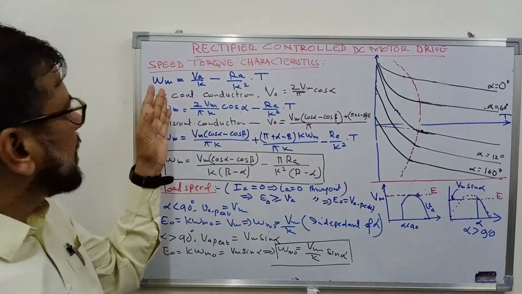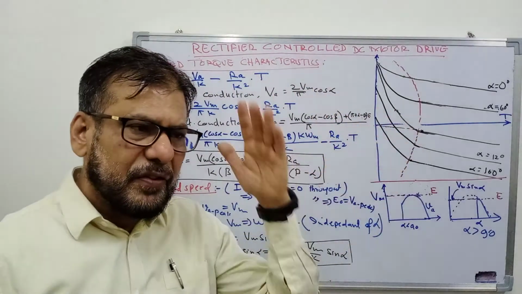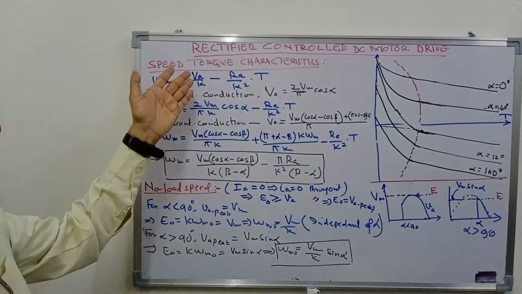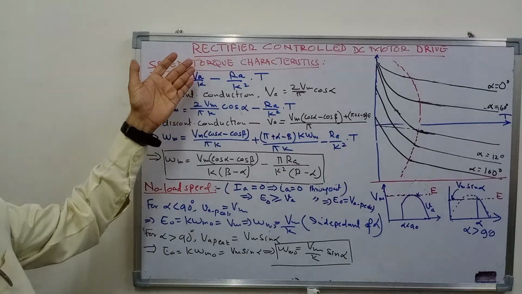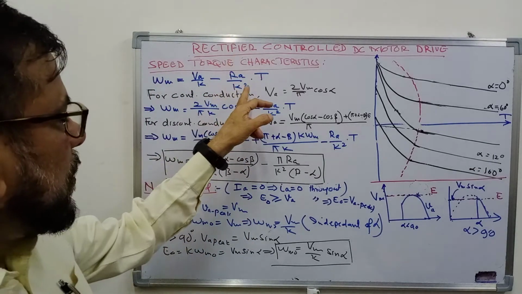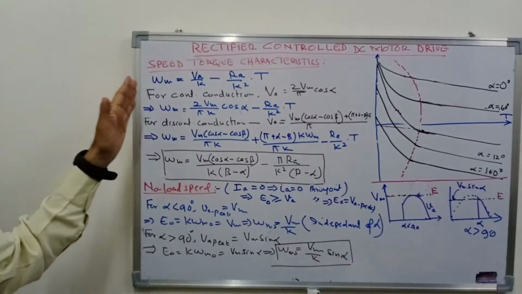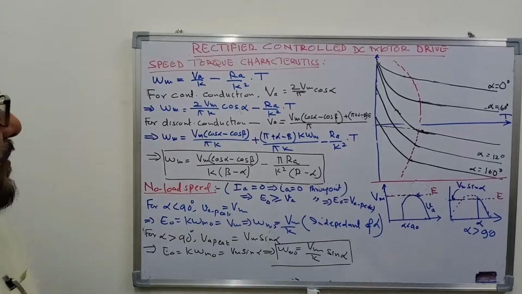You recall the speed versus torque relation that we derived earlier, and this was the average value of armature voltage divided by a constant K, that is Ke into phi, minus Ra upon K square into tau. That was the basic equation for speed versus torque characteristics.